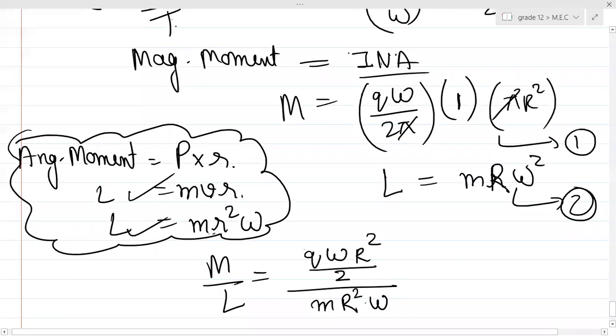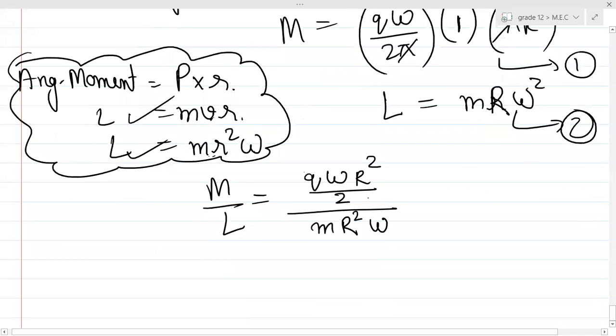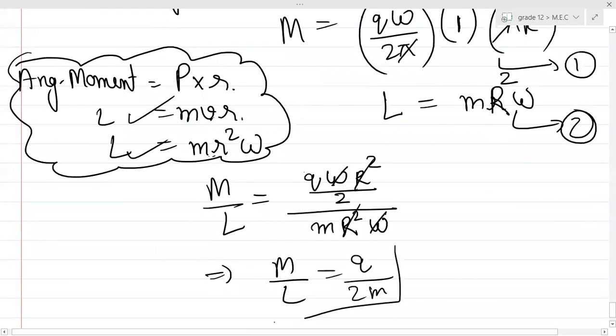Sorry, my bad, there is one omega which is getting left. Omega cancels omega, r square cancels r square, and can you see over here M by L is basically Q upon 2.